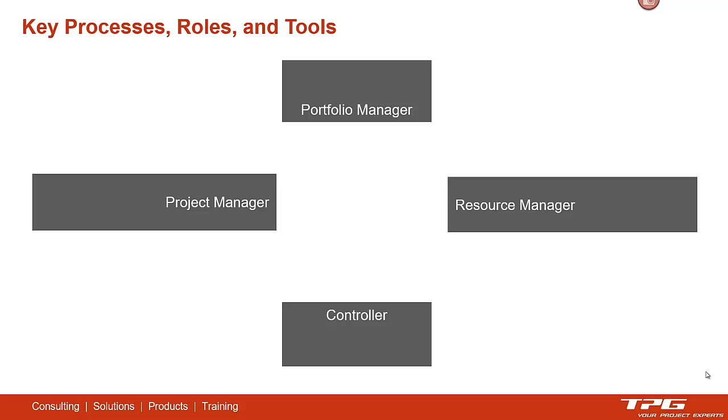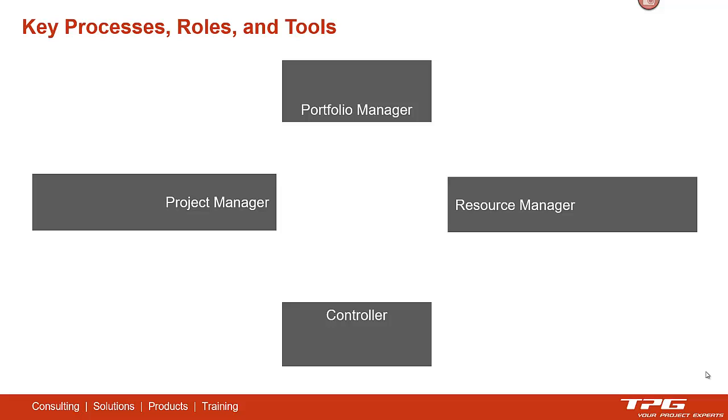So let's talk a little bit about key processes, roles and tools, and we focus in this presentation on resource management, so we want to focus also on the roles which are involved in this. To cover this topic, we have discovered four main roles for this work.